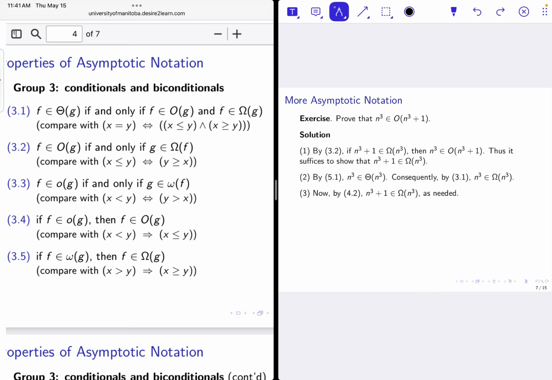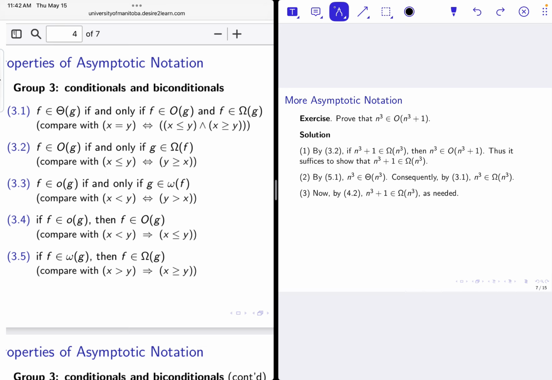As you might have guessed from the small text on the slides, it's very helpful with these facts to compare them to how numbers work with their inequalities. Big theta being equivalent to big O and big omega might not be immediately sensible, but that thing you're told to compare it to makes sense if you think about it.